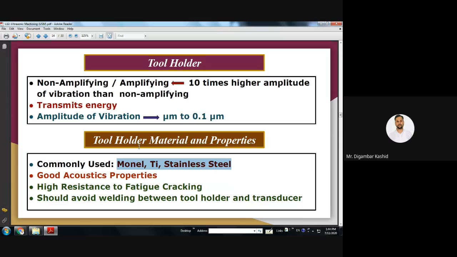It should also have high resistance to fatigue cracking, and it should avoid welding between the tool holder and the transducer during working. So these properties are required for the tool holder.